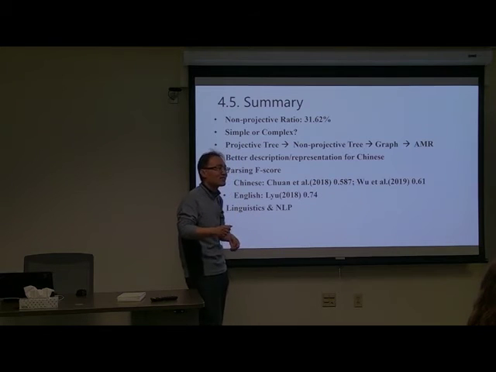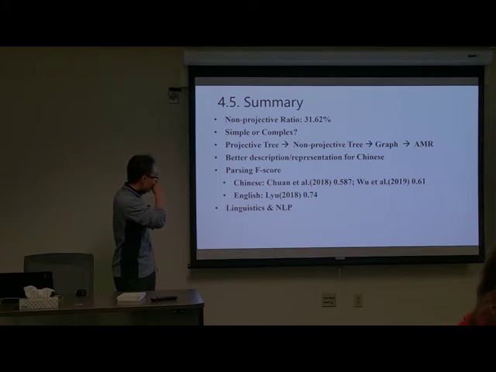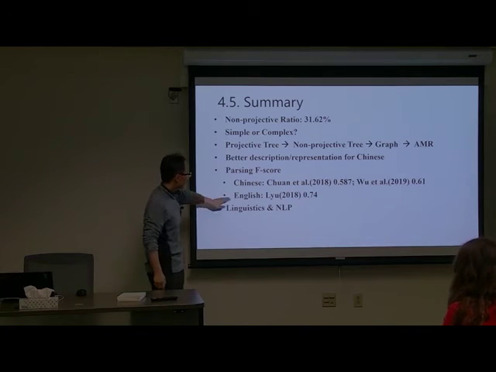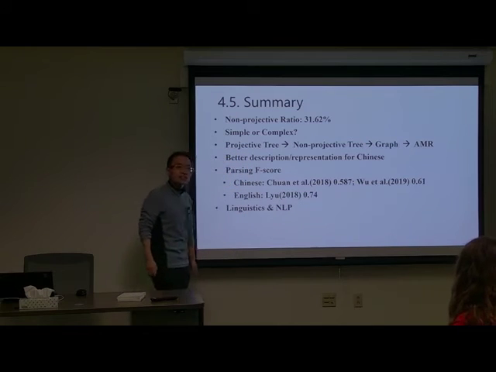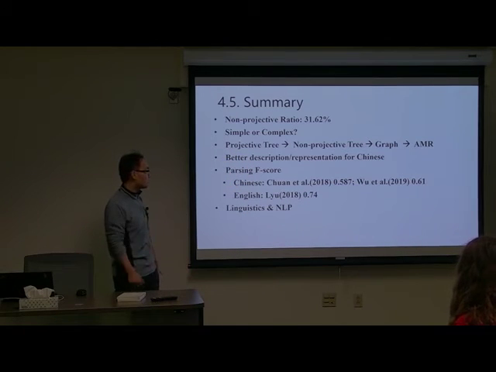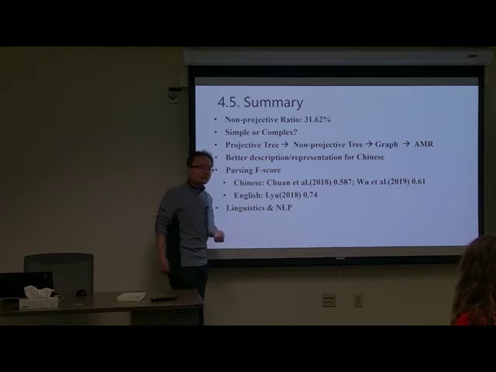We have to check the errors because there is so much data. For English, it's getting better because English has 60,000 training sentences, so its F-score is better. I think that's natural.